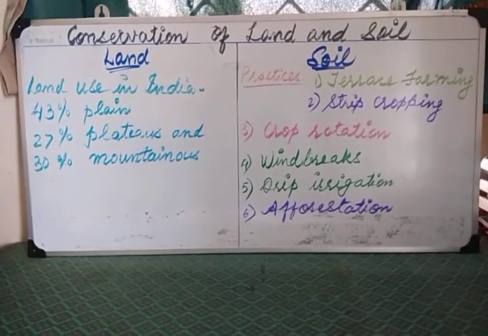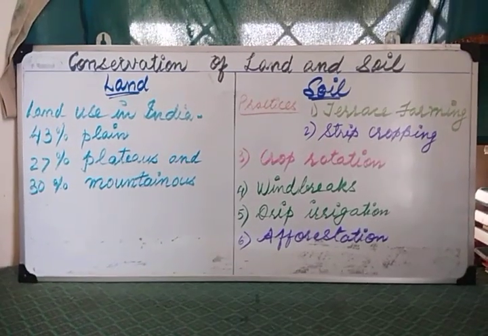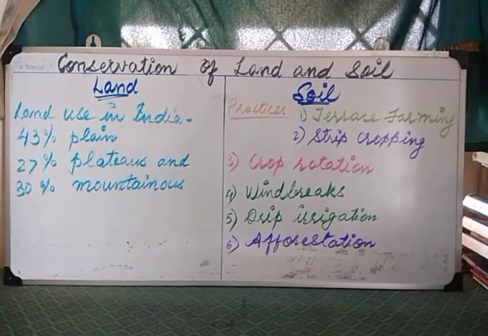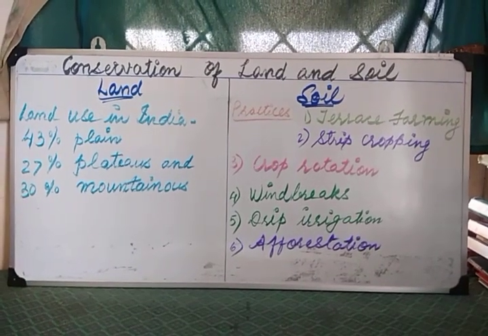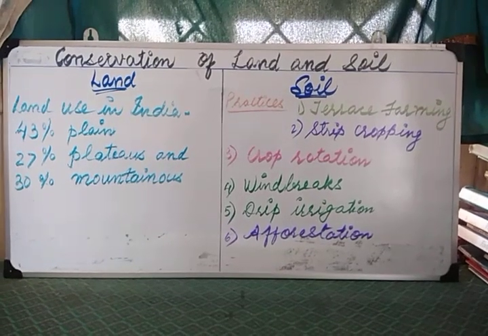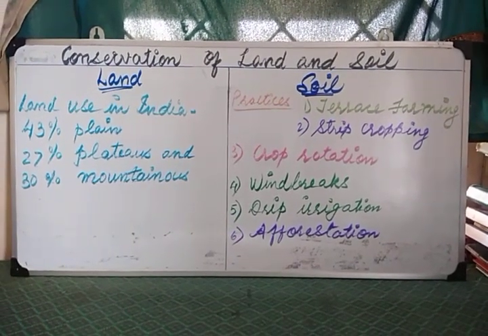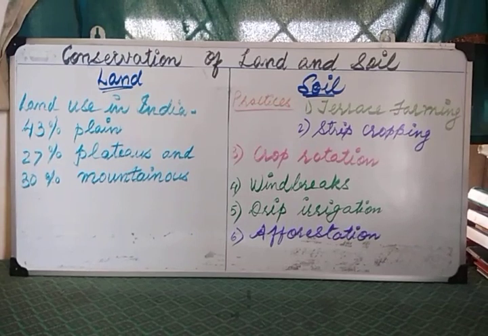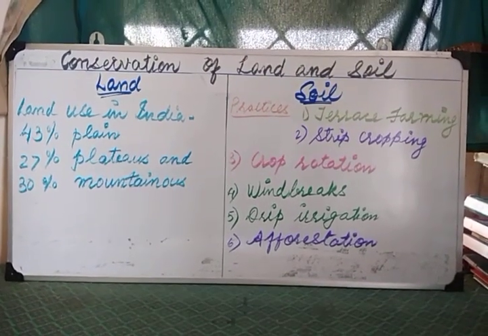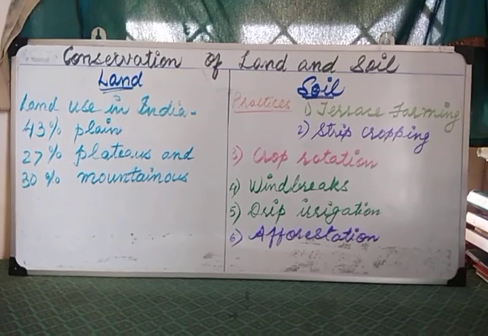Windbreaks are crops planted on the margin of the fields, which act as a windbreak when the winds flow, slow down the runoff of the water and prevent soil erosion too.